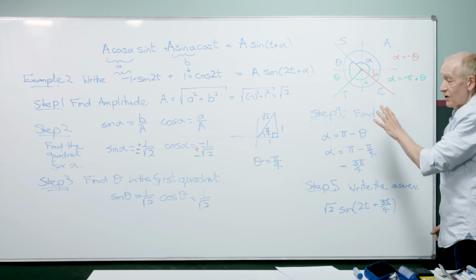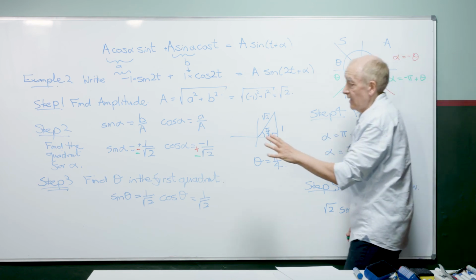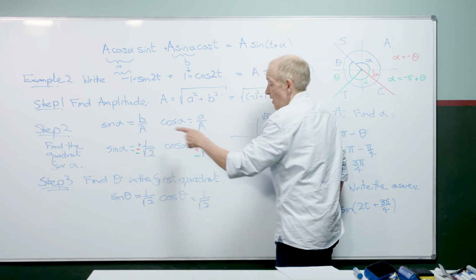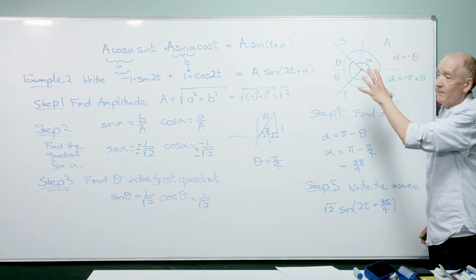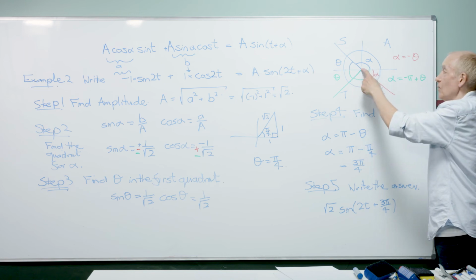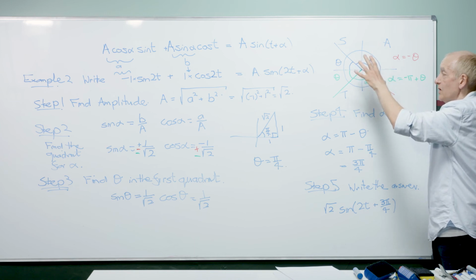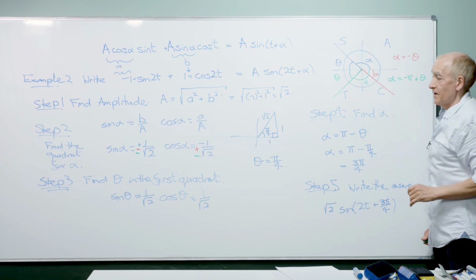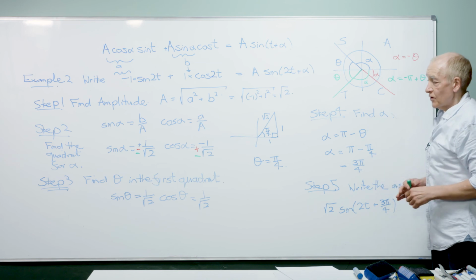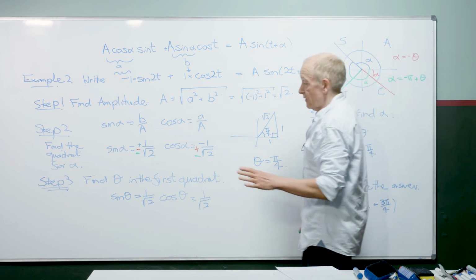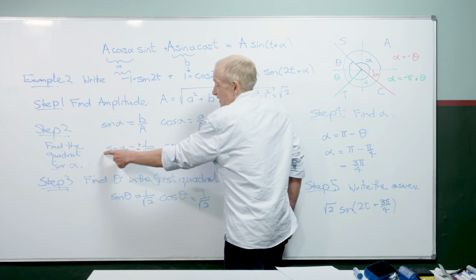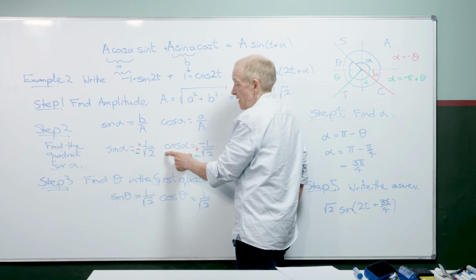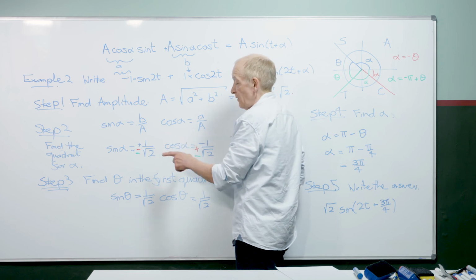I think the easiest way to do this, at least at the beginning, is to find the signs of sine and cos and decide what quadrant the angle is going to be in. Find out what quadrant it would be in, find out the angle if it was in the first quadrant, and adjust for alpha after that. Just a note, some methods ask you to find sine alpha on cos alpha and just use tan of alpha.